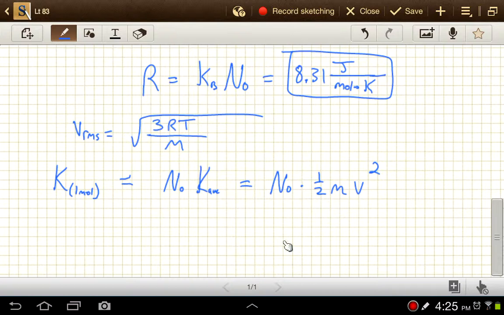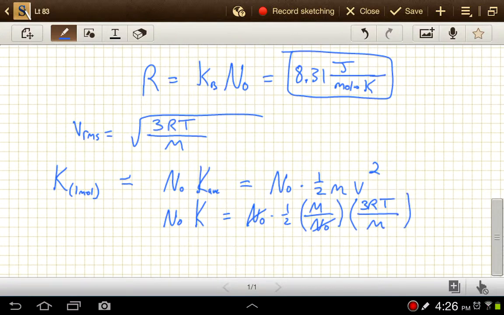I'm going to use this notation, and you'll see why in just a minute. K is equal to N naught times 1/2 times our mass, which is the molar mass divided by N naught again. We're going to see that that'll cancel out, which is nice. Then our V RMS, the average velocity we calculated here, squared, we can write as 3RT over molar mass.